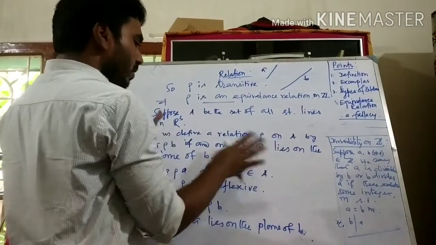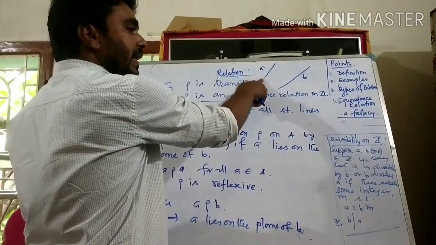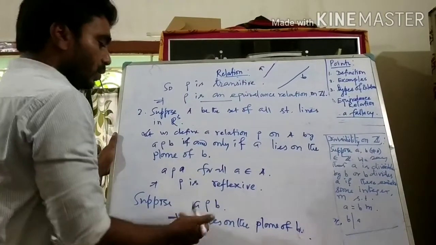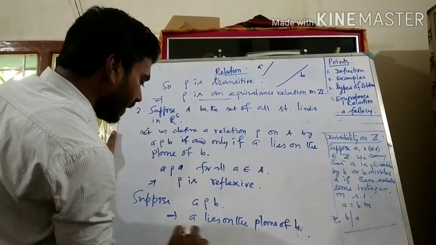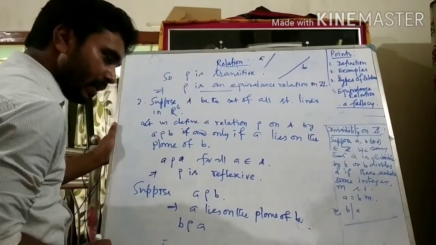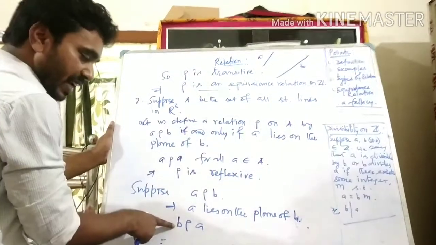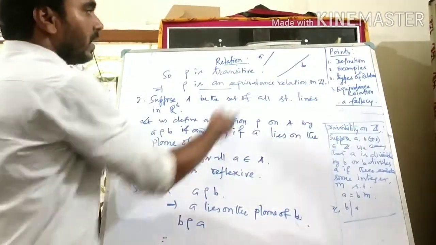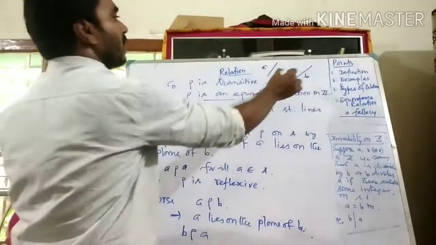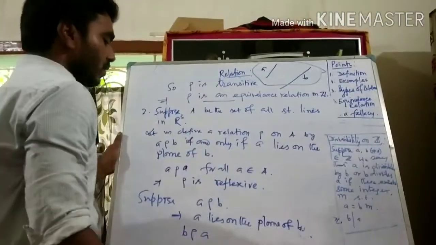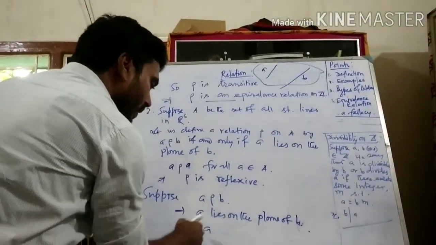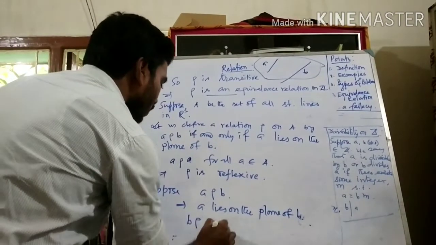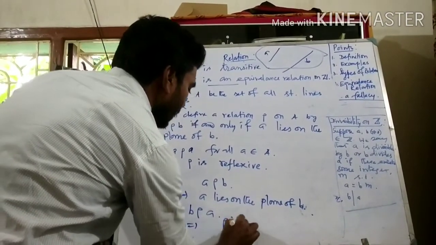So this whiteboard is also a plane containing the straight line A. To prove that there is a relation between B and A, we have to show that the straight line B lies on the plane of A, and this is trivial from this picture, right? So if A rho B holds, then B rho A automatically holds. And this implies rho is symmetric.